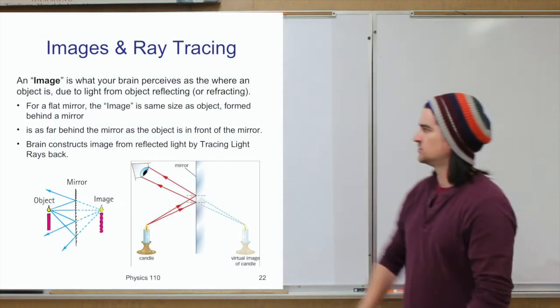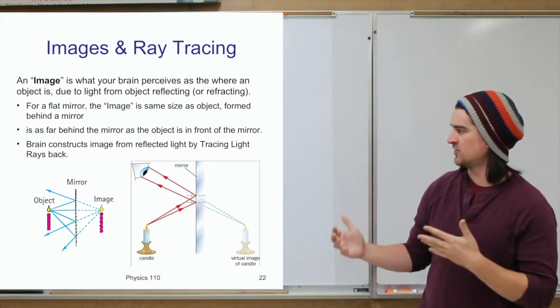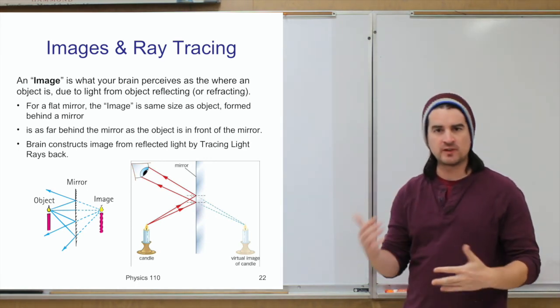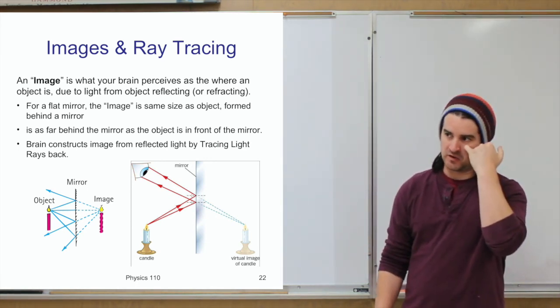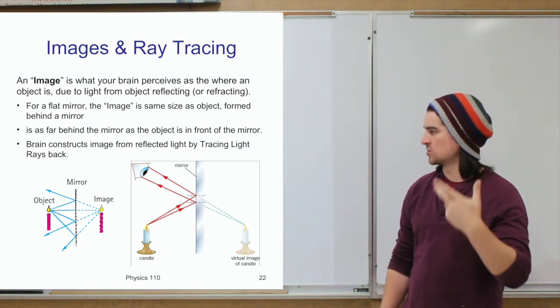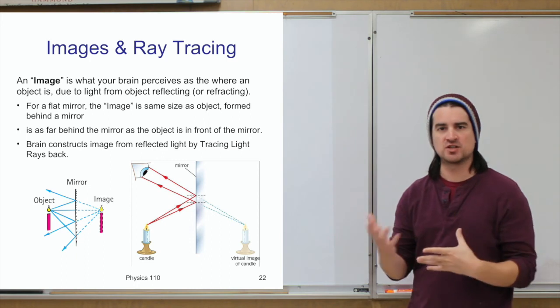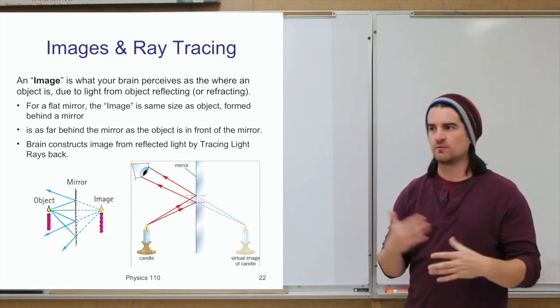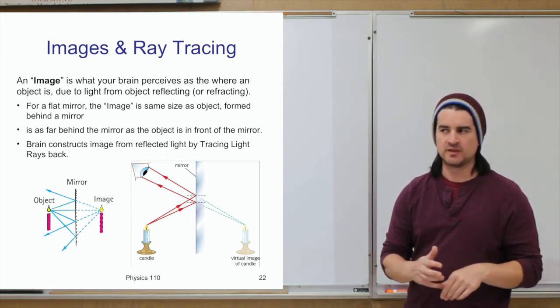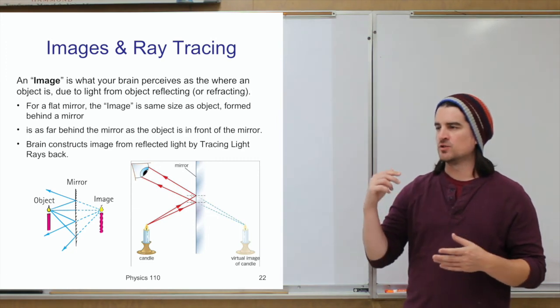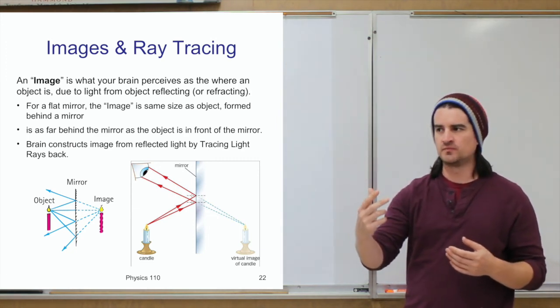Okay. So the fact that light will reflect in this way is the source of why we see images generated from these reflected light rays. Think about when you're looking into a mirror.